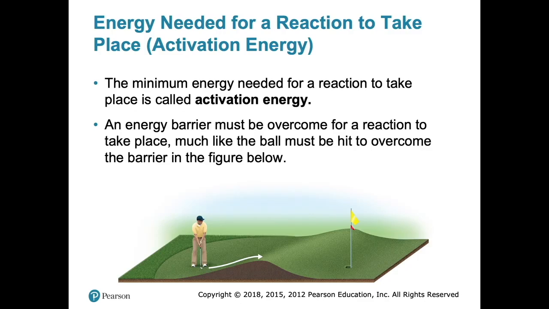The problem with this picture, though, is that it's not very accurate, right? It's not very accurate because the level of the land over here and the level of the land over here is the same, right? Generally, what happens with an activation energy, and the reason why reactions occur to begin with, is that you have a molecule and it's already at a certain energy, right?